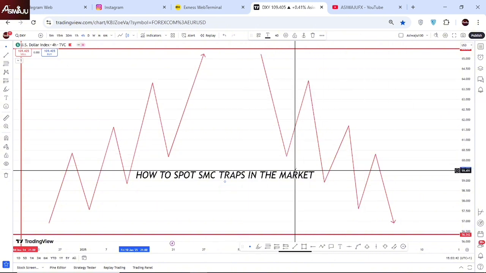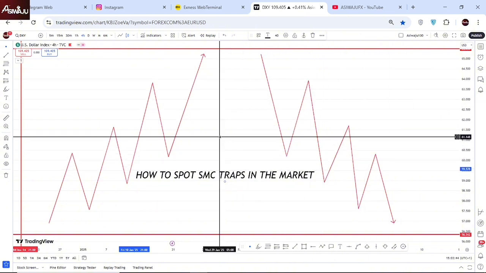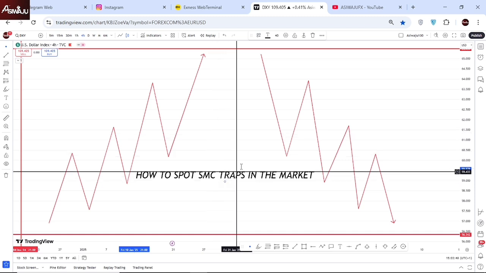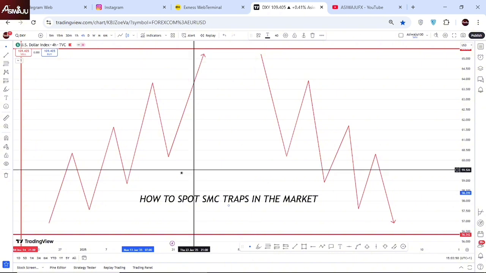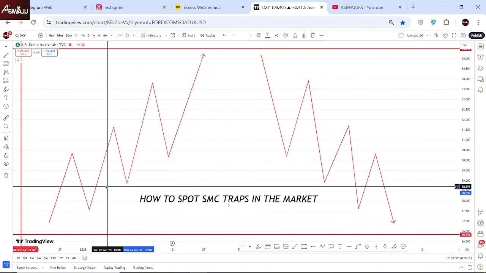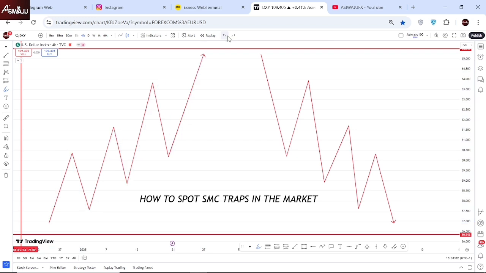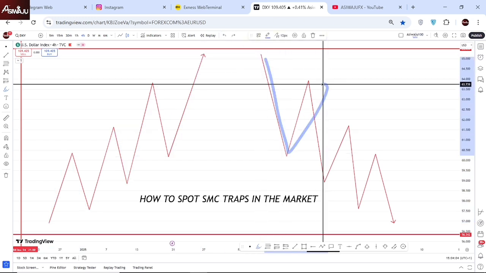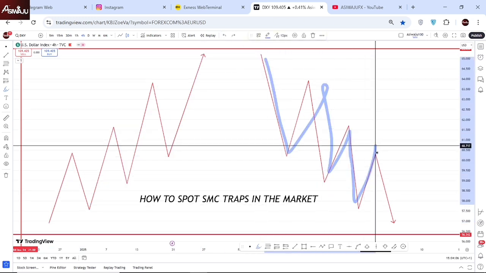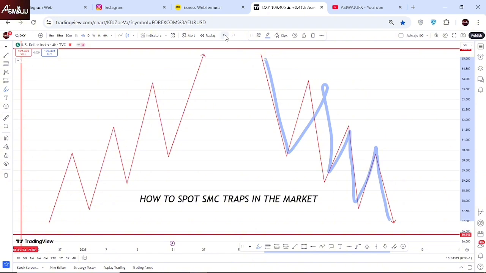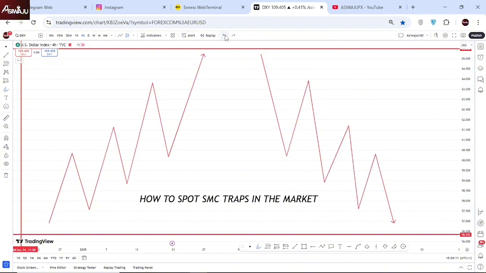In my previous video, I explained everything about the trend, the basic and the major trend in the market. As you can see on the screen, when price is creating a series of highs and lows, this signifies an uptrend. And when price is creating lower highs and lower lows, this signifies a bearish move in the market, which is a downtrend.